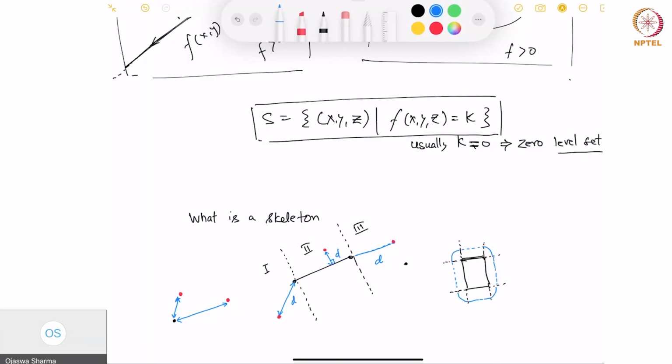Any point in this domain is going to pick its distance from this vertex, from this endpoint. Any point which is here is going to pick the distance perpendicular to this line segment. And you got the idea. And then this offset surface is a level set of the distance field of this square rectangular plate.